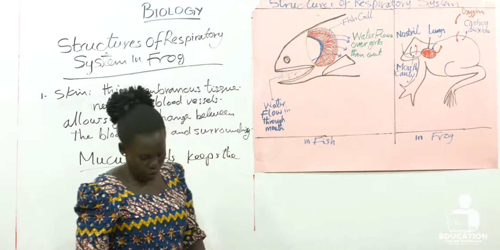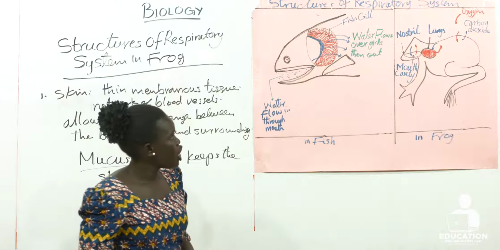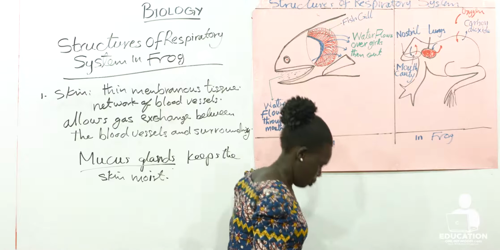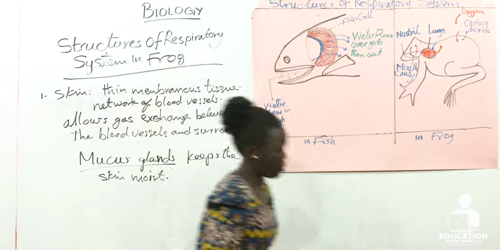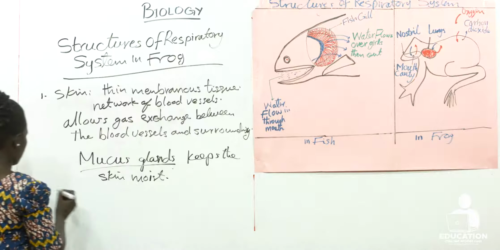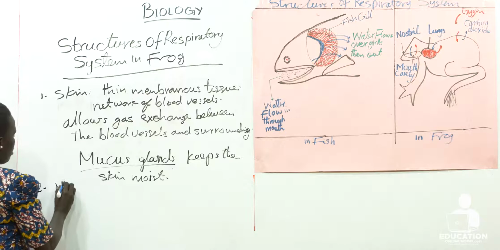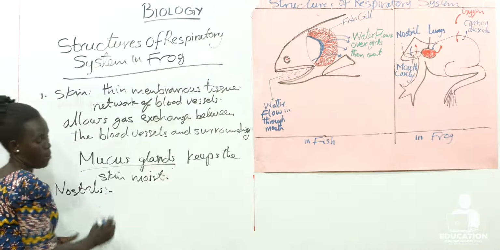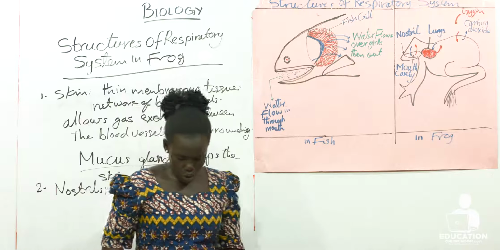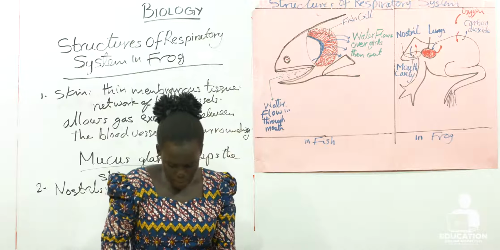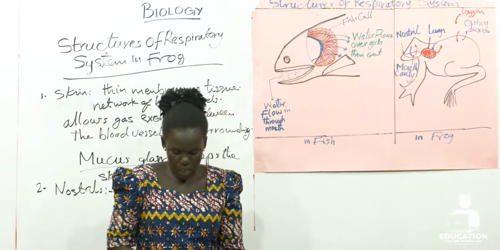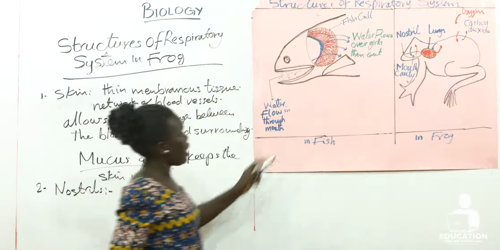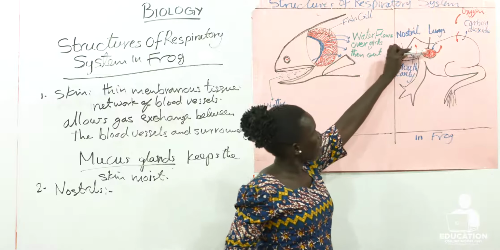Number 2, the structure number 2 is the nostril. So nostrils serve as air passage because air passes through the nostrils to the lungs.